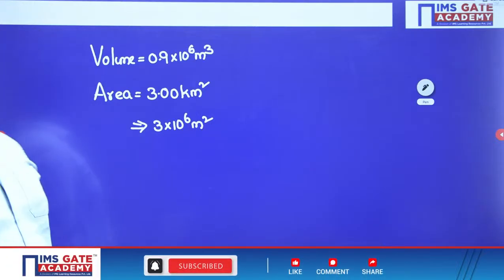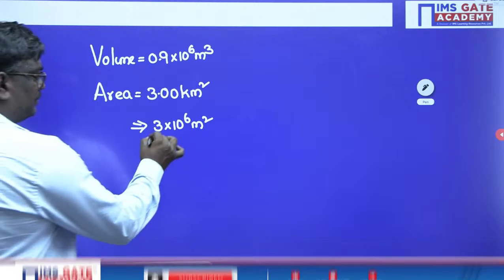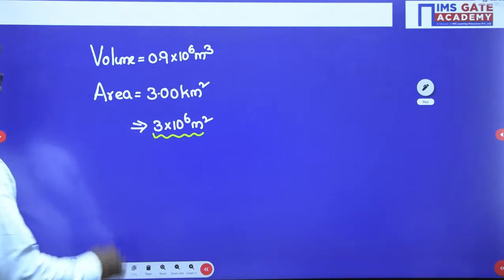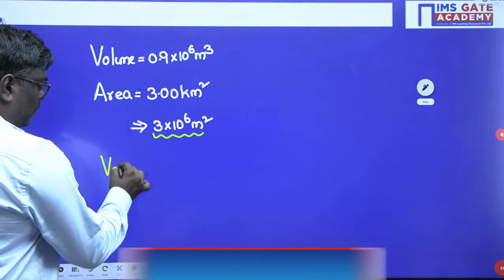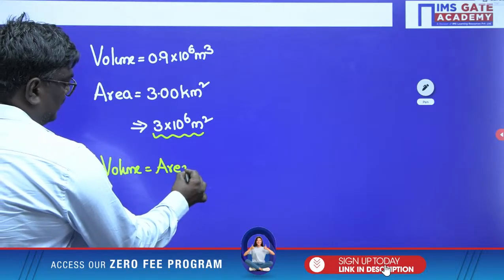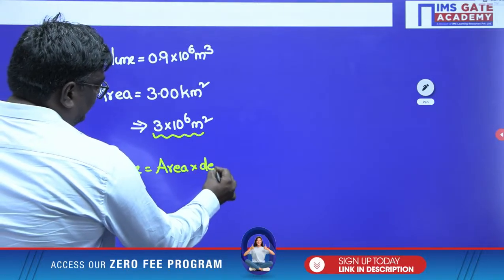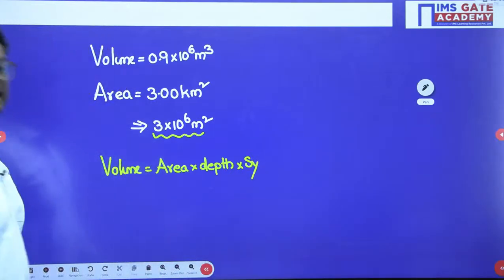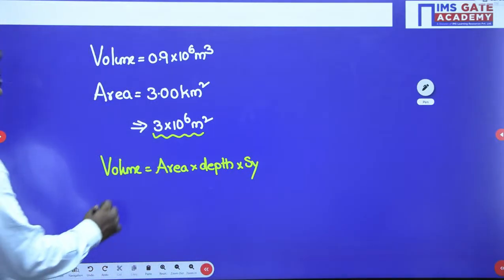Now see, volume is considered as area into depth, and we have to find out the specific yield here, how much yielding has been done.